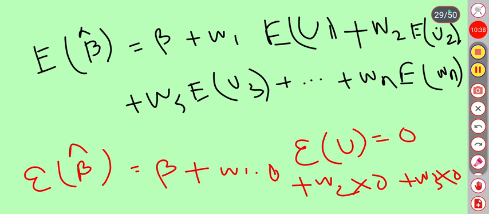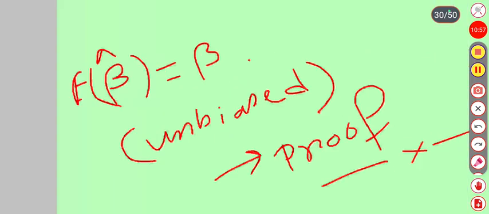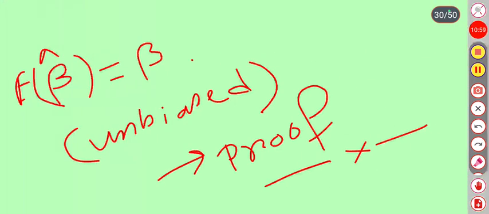So expected value of beta hat is equal to beta plus w1 expected value of u1 plus w2 expected value of u2 up to wn expected value of un. But expected value of beta hat is equal to beta because expectation of ui is equal to 0. So the unbiased proof, that expected value of beta hat is beta, is done.